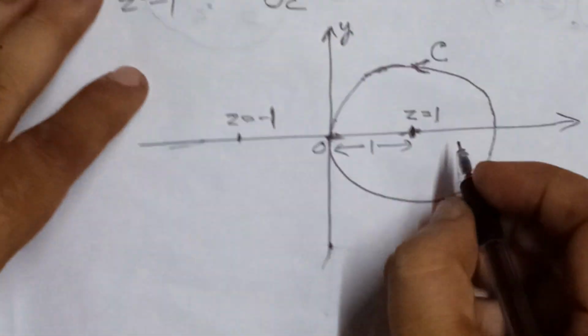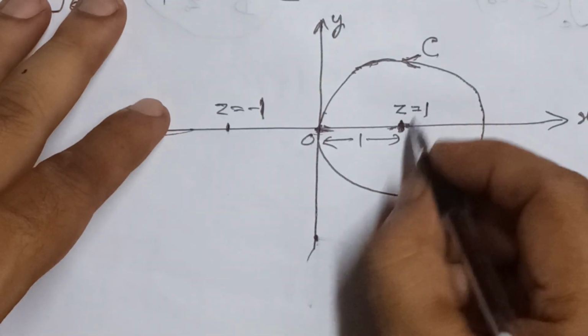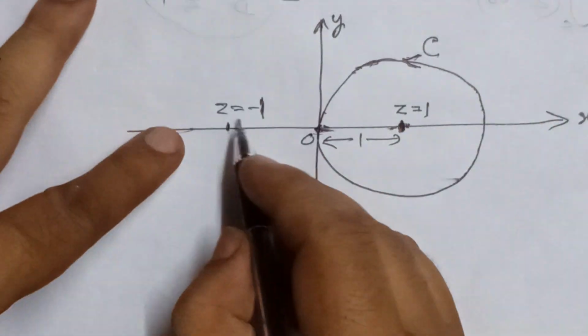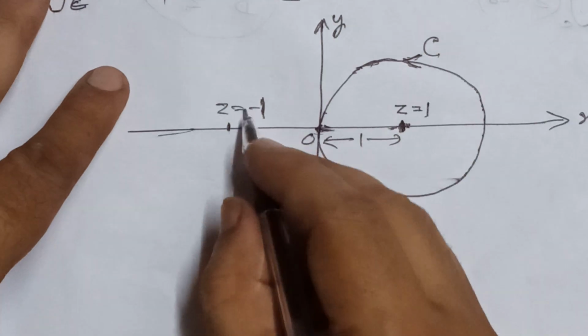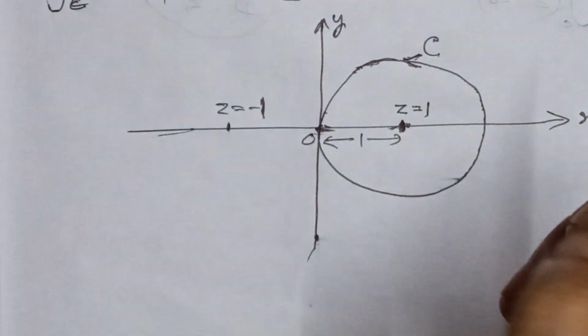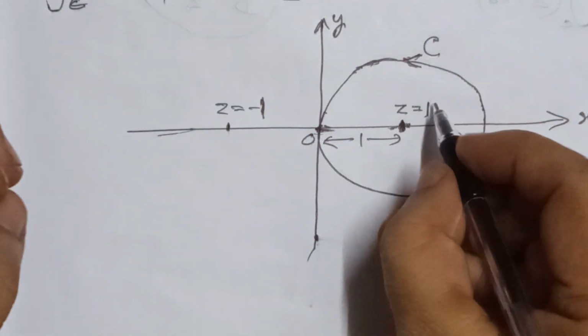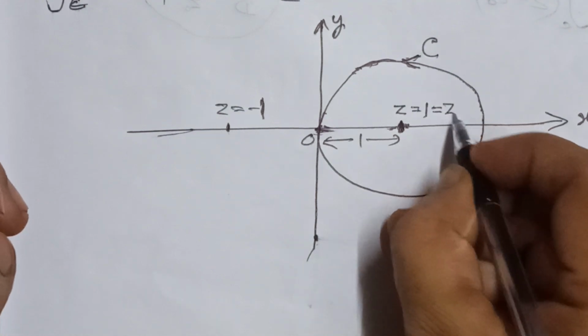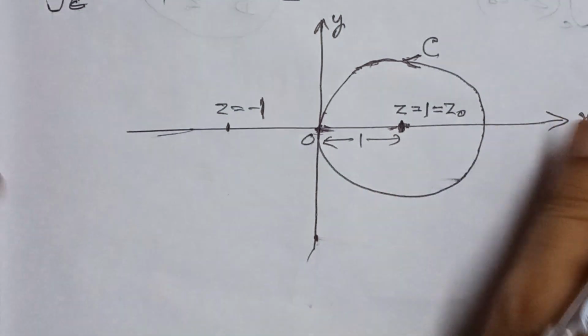Only z is equal to 1 is inside C. Minus 1 is outside. So we can choose only z is equal to 1 as z naught. z naught is equal to 1.